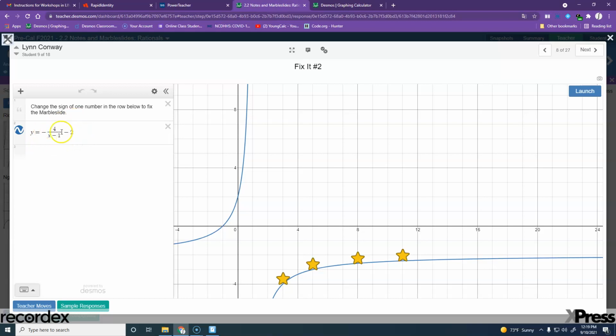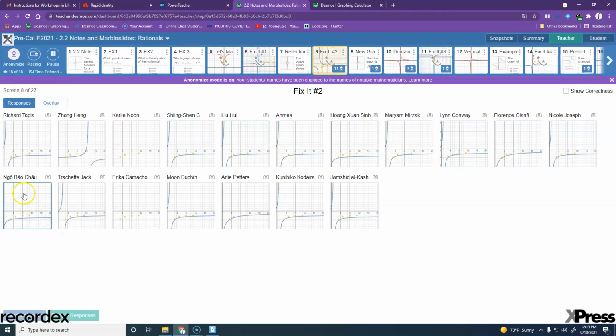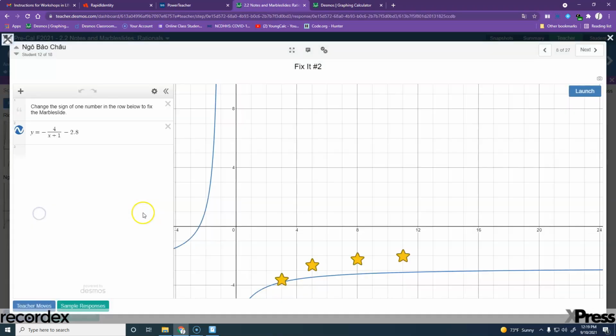So that is the most simple way that you can do it. Let's see what Chow has here. This person put the negative and also changed this to 2.8. Does it work? And it does get all of those there.